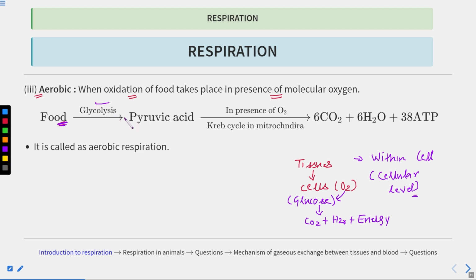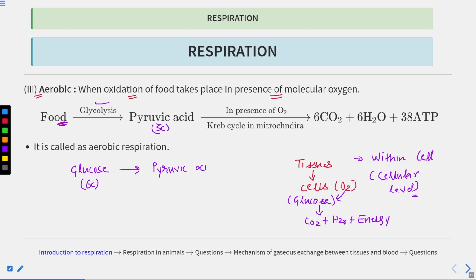Okay, and at the end of glycolysis, pyruvic acid is produced, which is a 3-carbon compound. So you can write food. What is food? Food is a glucose molecule, which is a 6-carbon compound. It is first broken down into pyruvic acid.